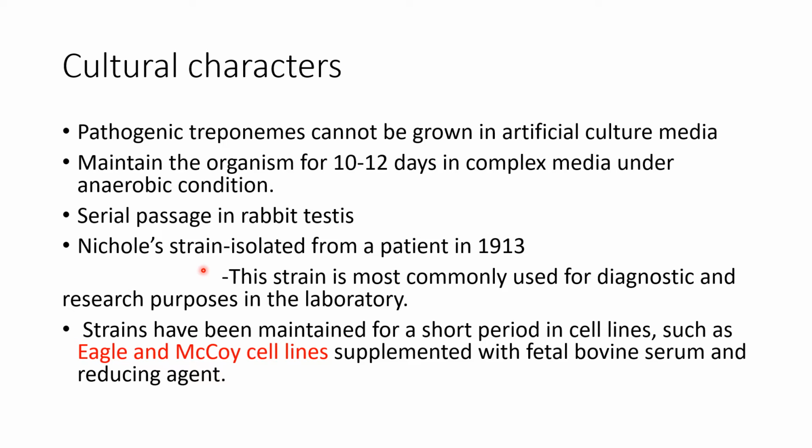The reason is this strain is most commonly used for both diagnostic purposes and also research purposes in the laboratory. Of course, we have to conduct certain research on this organism to know its characters, to develop kits for detecting it in a patient, to take antigen from this organism for using it in the diagnostic kits.